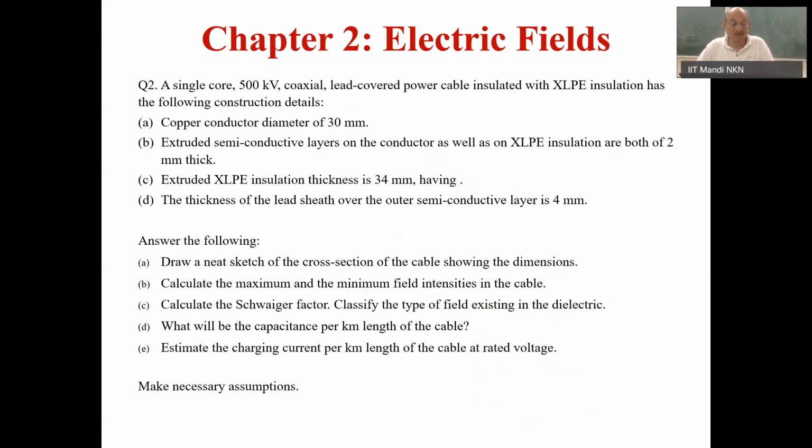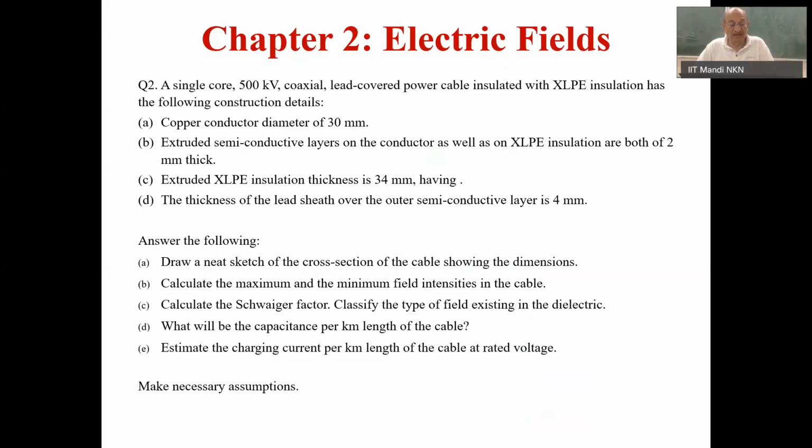That is a single core 500 kV coaxial lead covered power cable insulated with XLPE, cross-linked polyethylene. The insulation has the following construction details. Let me tell you one thing.